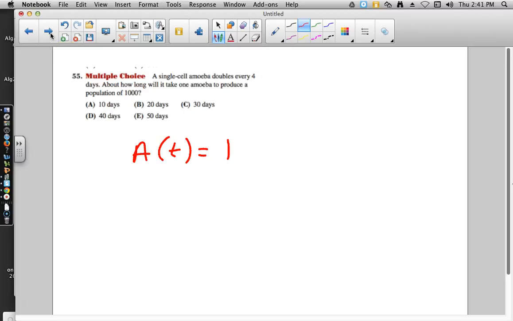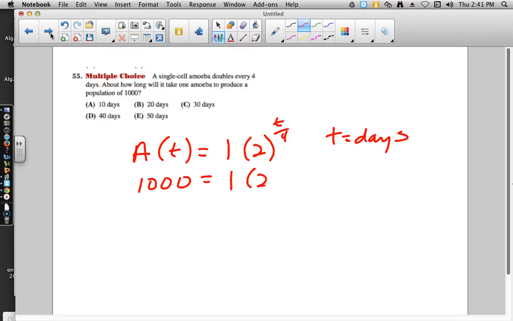And it's a single cell amoeba, so there's one cell, but it's doubling, and it's doing that every 4 days. So if I have T stand for number of days, I'm going to need T over 4 in order to make this work. And you could certainly use D for days, whatever you want to do here. And then it says, when is this going to produce 1,000? So when is 1 times 2 to the T over 4 going to be equal to 1,000?